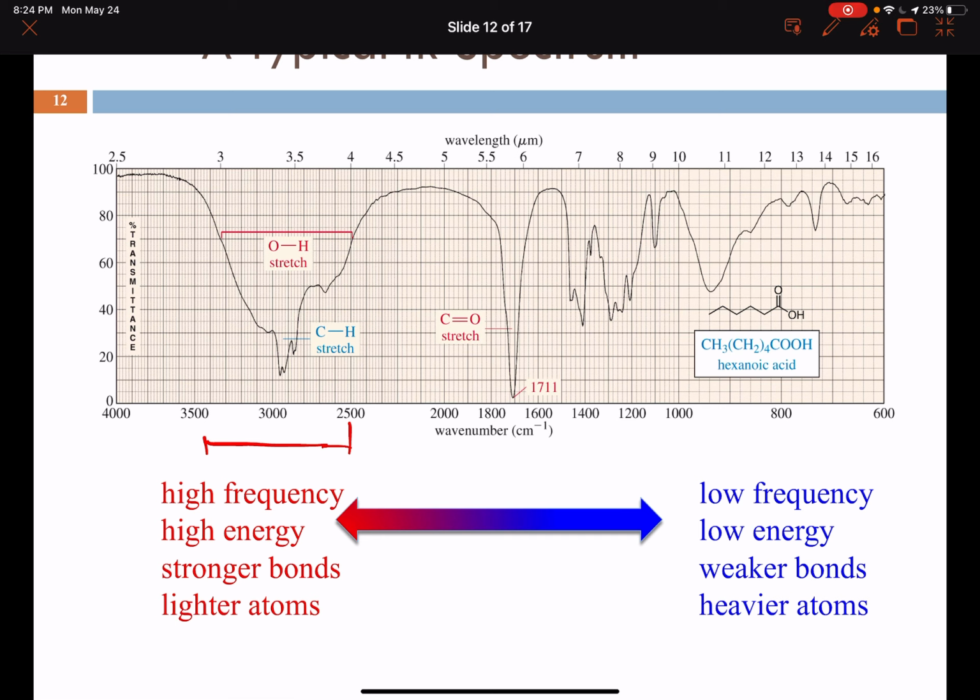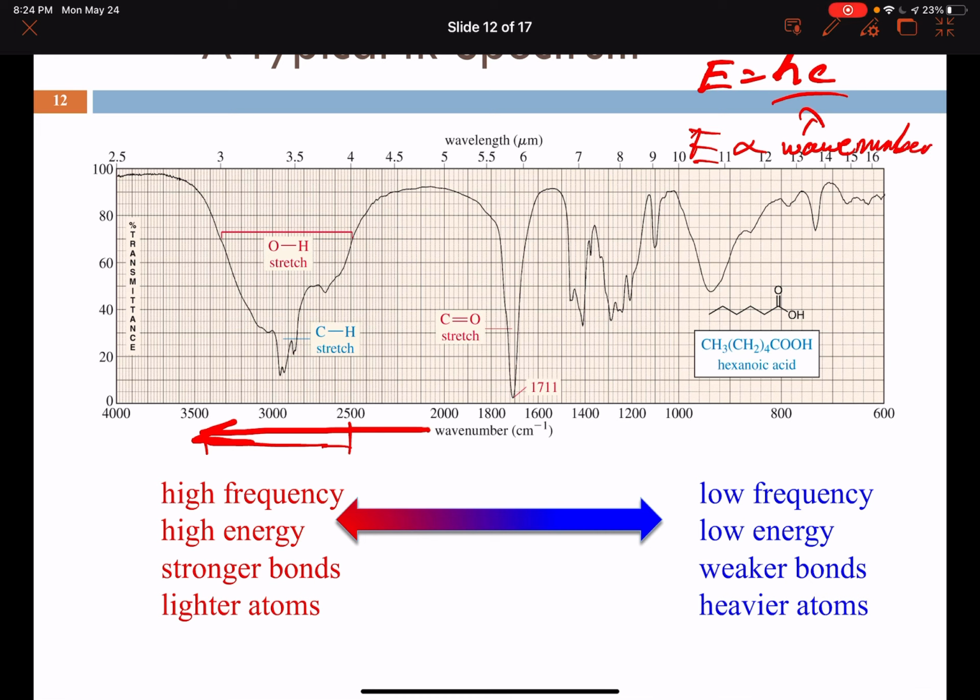Okay, so we touched on this earlier. As we go to higher wave number, this is going to be inverse with wavelength, which is in the denominator of E equals hc over lambda, which means that E must be proportional with wave number.